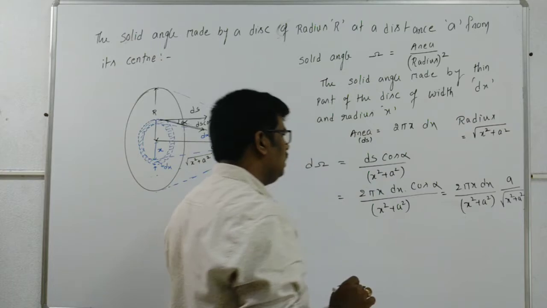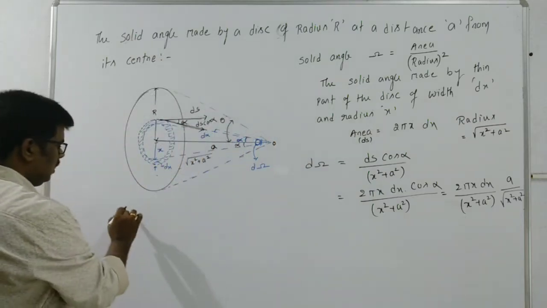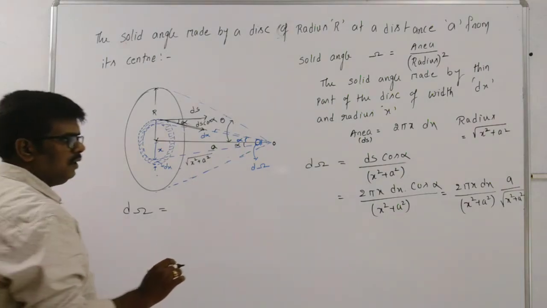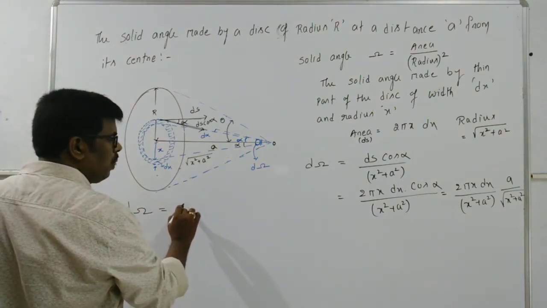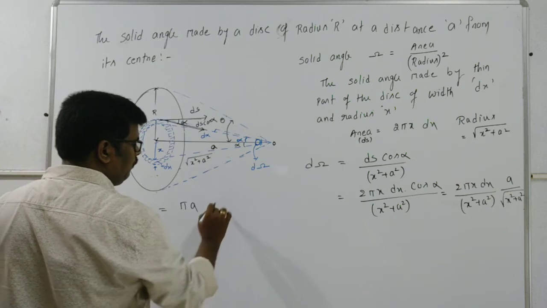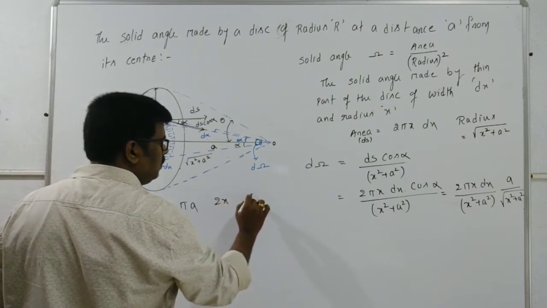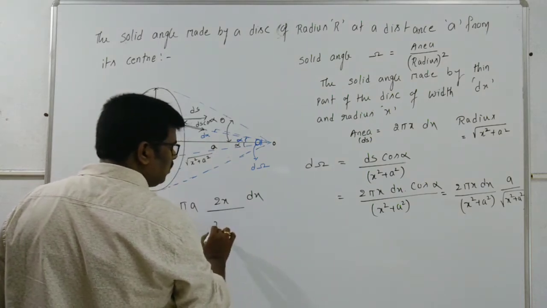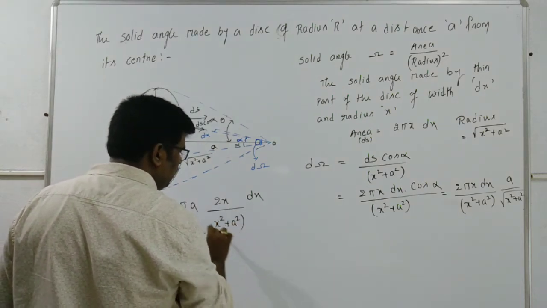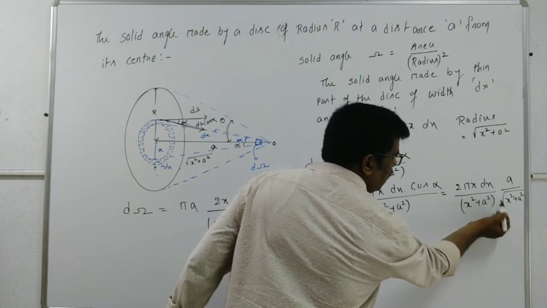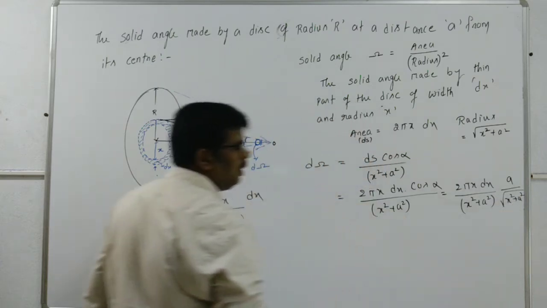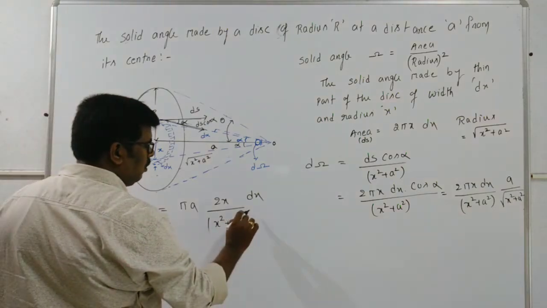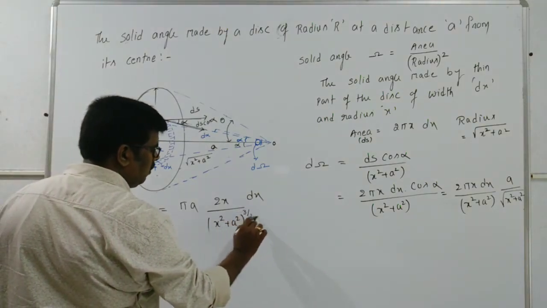Then d omega is nothing but, rearranging properly, pi a 2x dx by x square plus a square. Here it is power 1 and under root means 1 by 2 power. So bases are common, so 1 plus 1 by 2 means 3 by 2.